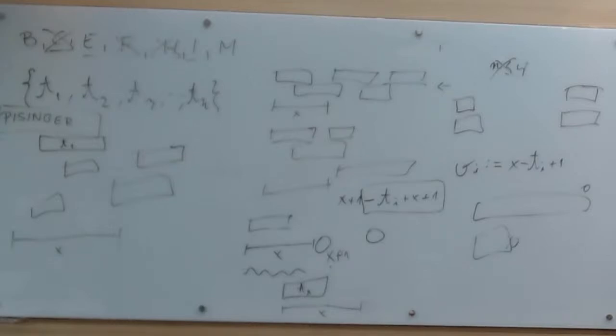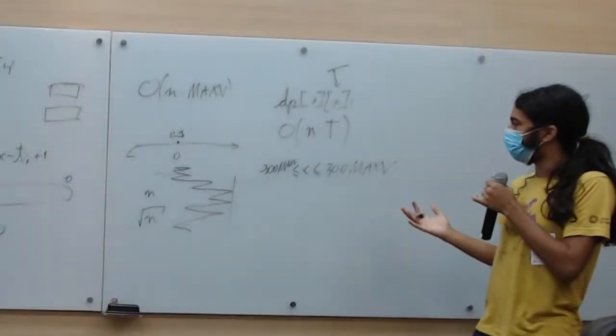Let's call the size of this t, because the complexity of this dp would be n times t, we can't have this be very large. So what we did was say that x goes from minus 300 max v to 300 max v.